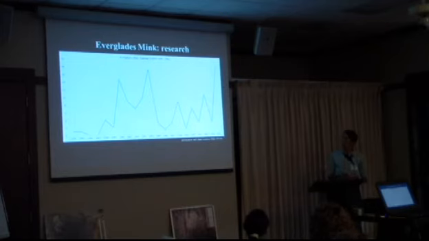So this graph was courtesy of Mike Owen from Fakahatchee Strand State Park. He sent me a record of mink sightings from 1994 through 2014. It's pretty interesting. You can see some peaks and some drops, and these are sightings from both himself and his crew and from volunteers.